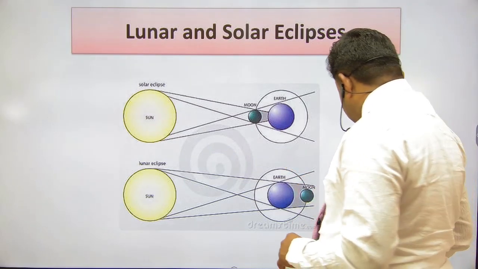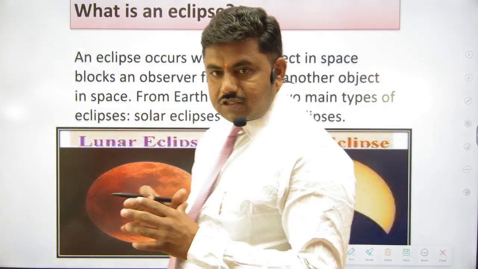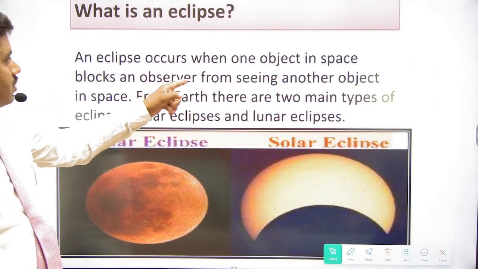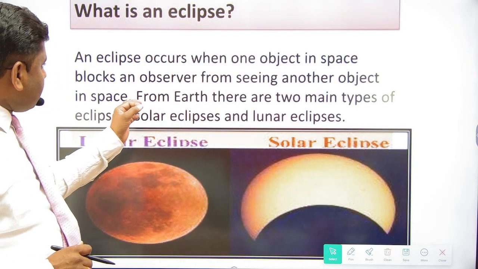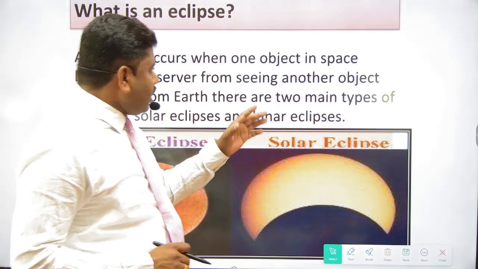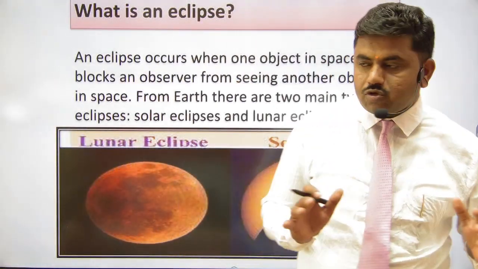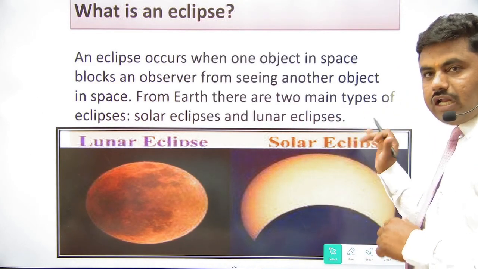Now see, what is an eclipse? First of all, this is the main topic. An eclipse occurs when one object in space blocks an observer from seeing another object in space. From earth there are two main types of eclipses: solar eclipses and lunar eclipses.